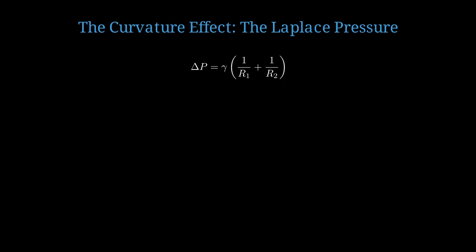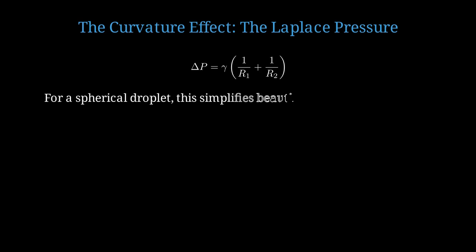Here, gamma is the surface tension, and R1 and R2 are the principal radii of curvature. For a spherical droplet, both radii of curvature are equal to the droplet radius r, so the equation becomes much simpler. Delta P equals 2 gamma divided by r. This is the excess pressure inside a spherical droplet compared to the outside.